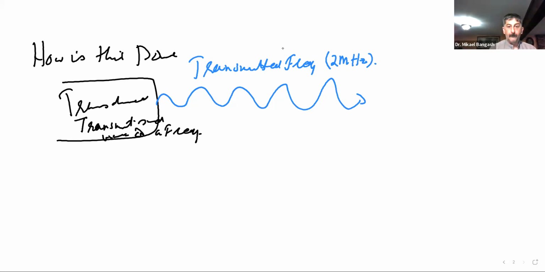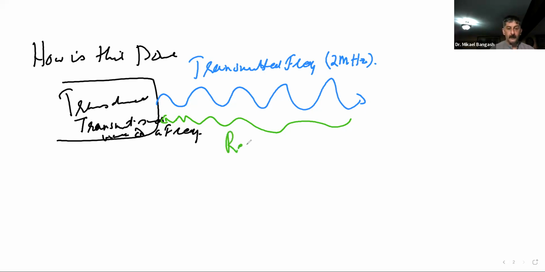Now, the frequency of the sound wave, because what's going to happen is that this sound wave here, as it hits structures, is going to reflect back. So what we will have here is a reflected frequency. Is that clear?